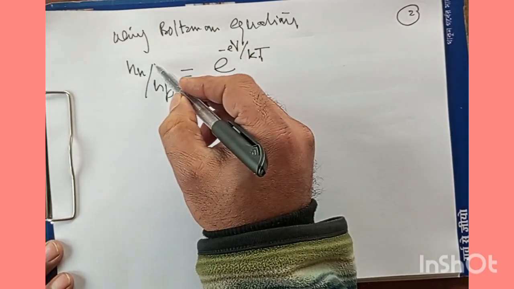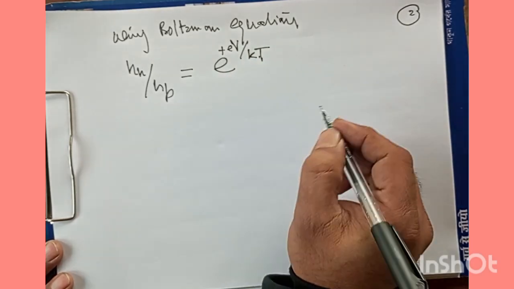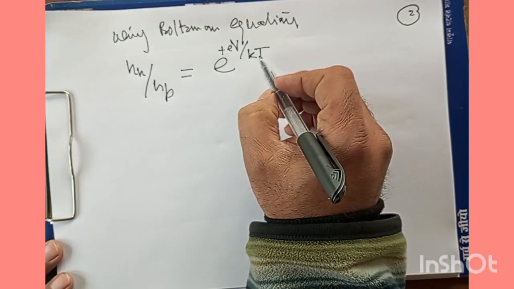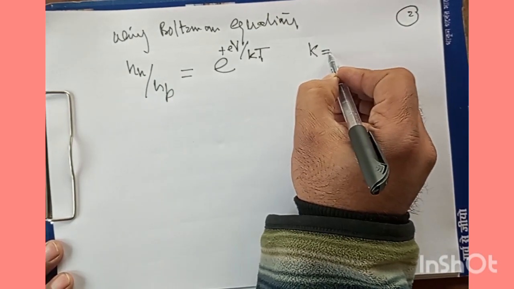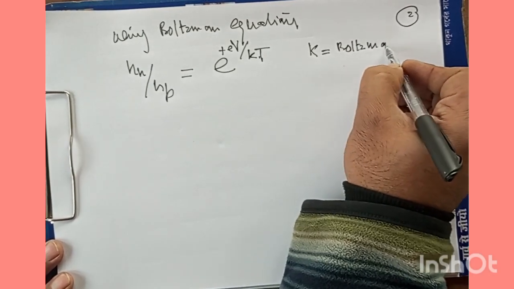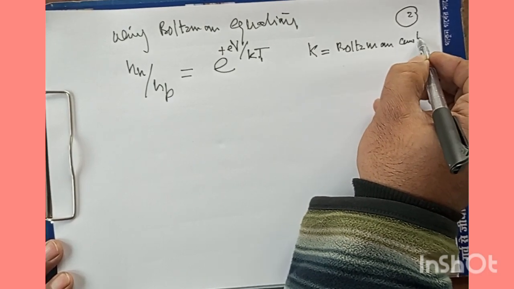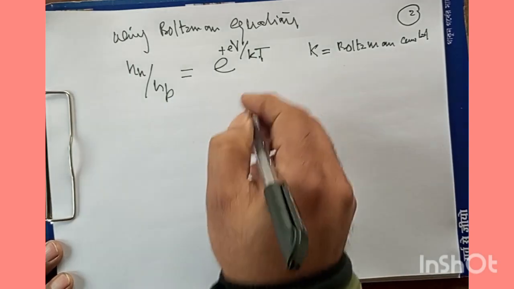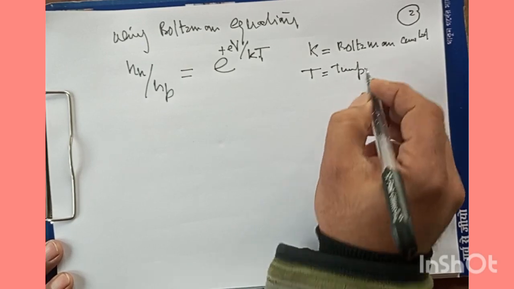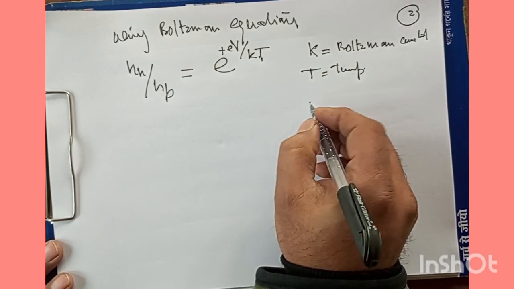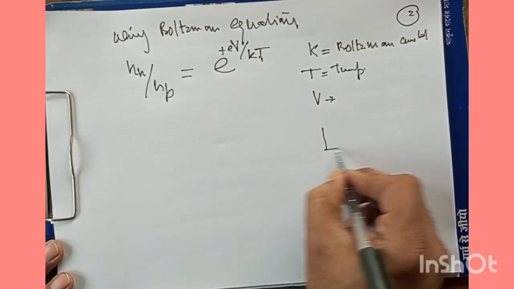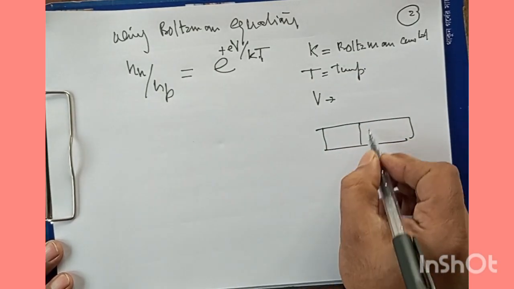This n of n by n of p is e to the power of eV by kT. This k is the Boltzmann constant, since we are treating this system in classical fashion, and T is the temperature. And we have V, which is the barrier potential in the absence of biasing of a p-n junction.